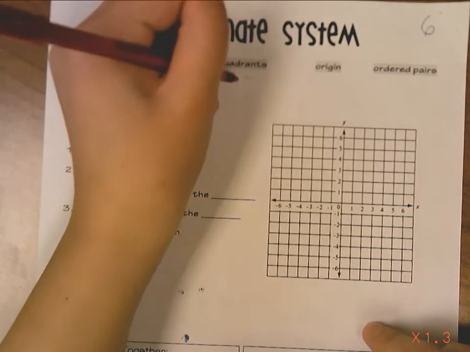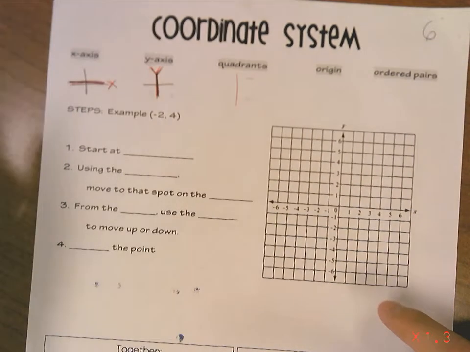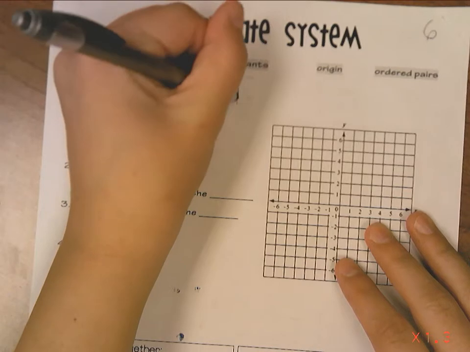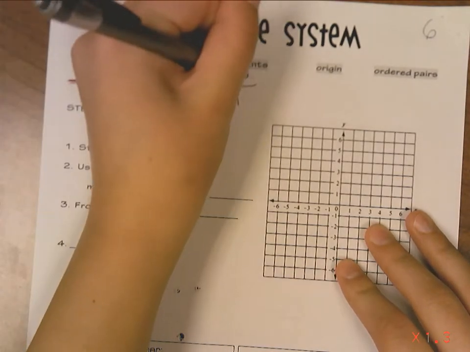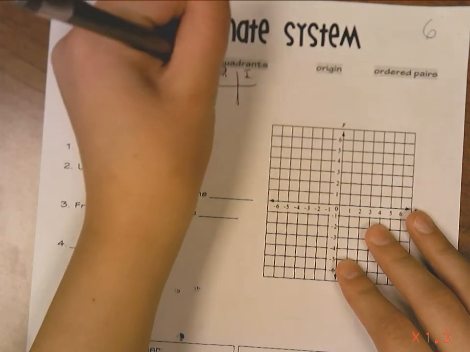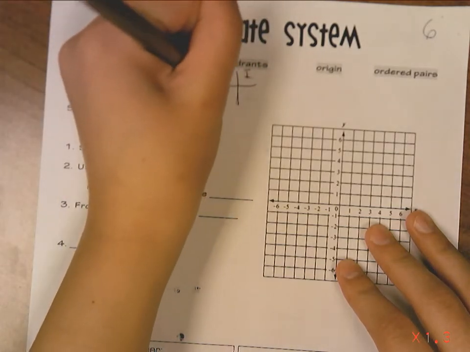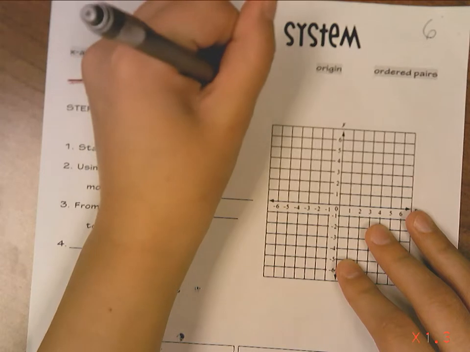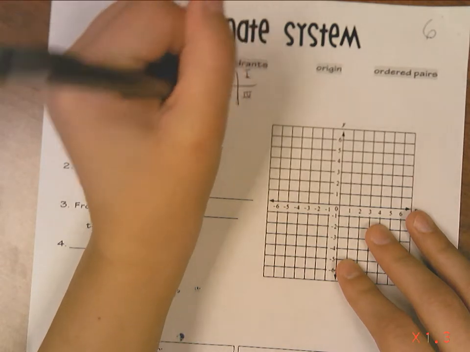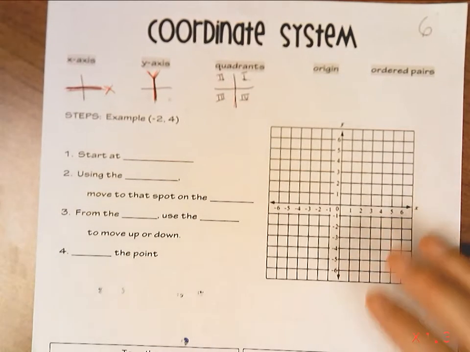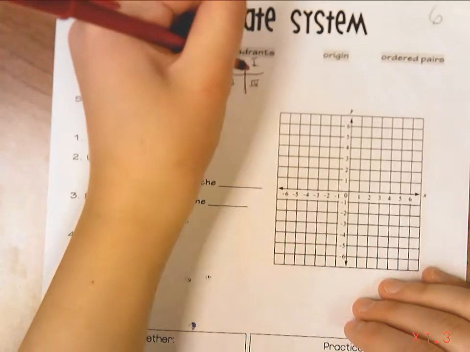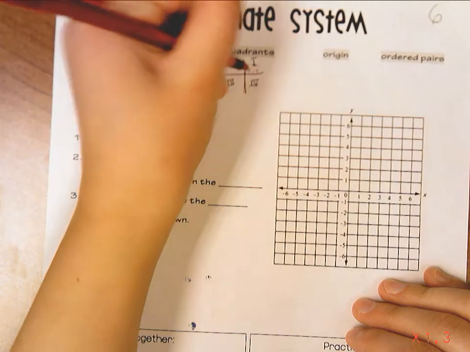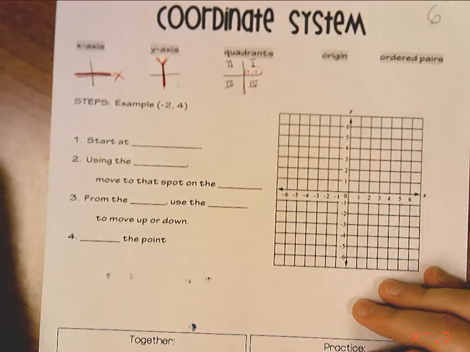Okay, and then you have quadrants. You have 4 quadrants. I should have done that with black here. You have quadrant 1, 2, 3, and 4. In these quadrants, if it's in quadrant 1, then both x and y are going to be positive.